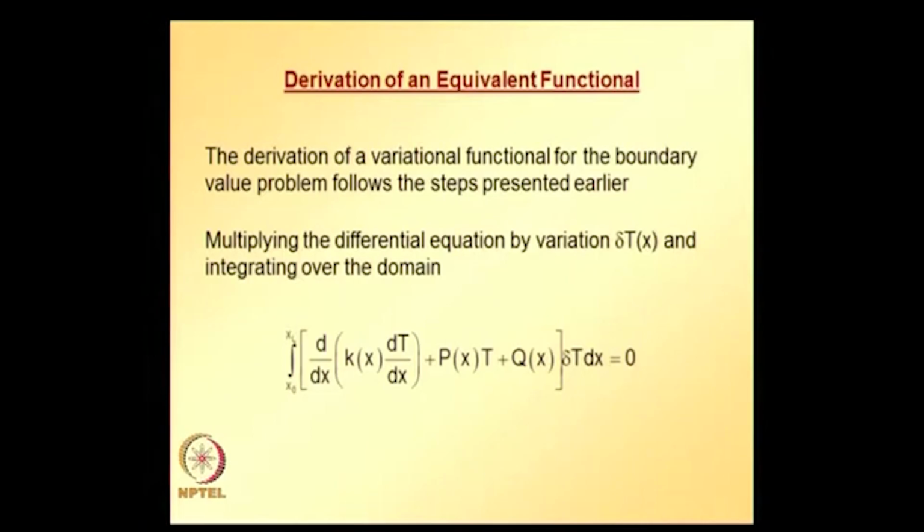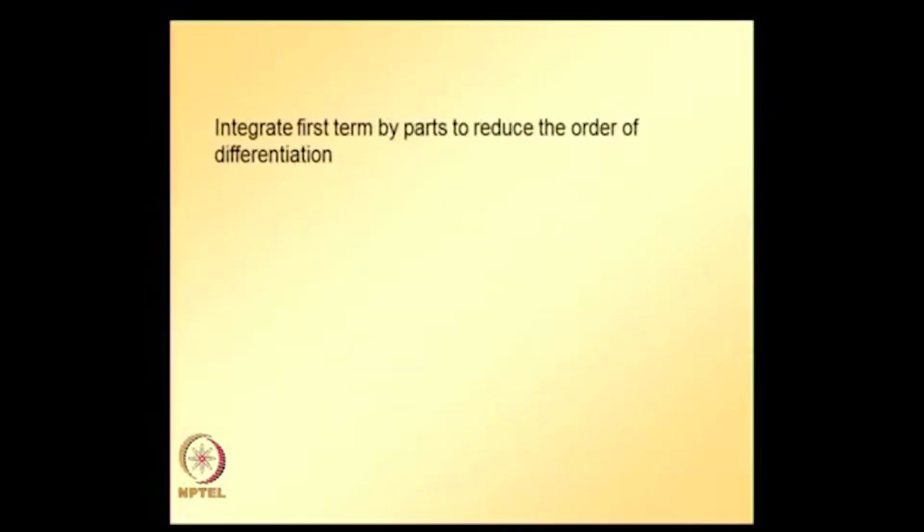Now we need to identify higher order terms, and wherever they appear we replace them with terms of as low an order as possible by integration by parts. So here we integrate the first term by parts to reduce the order of differentiation.